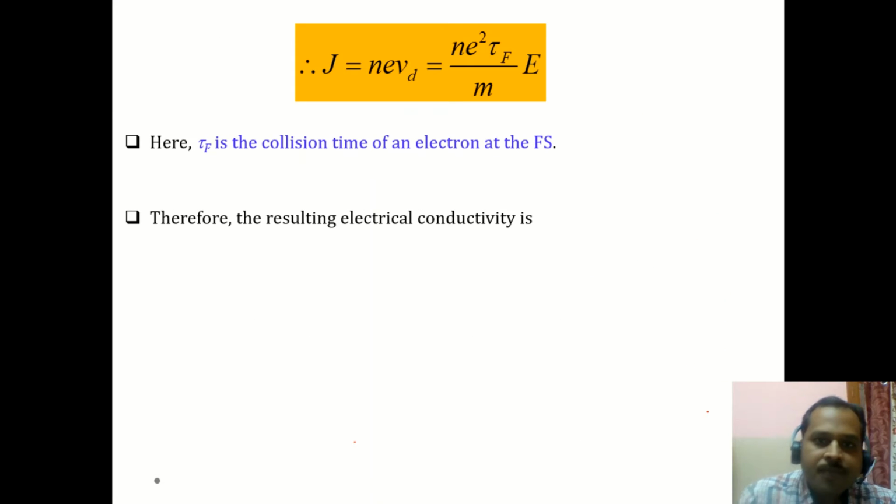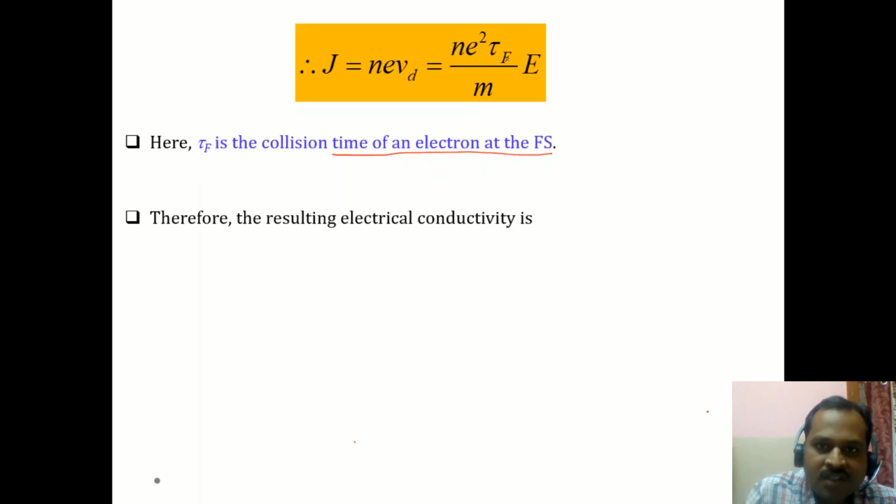So tau f is the collision time of the electron at the Fermi surface. We are not bothered about the collision time of electrons which are not at the Fermi surface. We are only bothered about the collision time of the electron at the Fermi surface, because now the velocity of the electron we are considering is Vf. So that is the only difference.